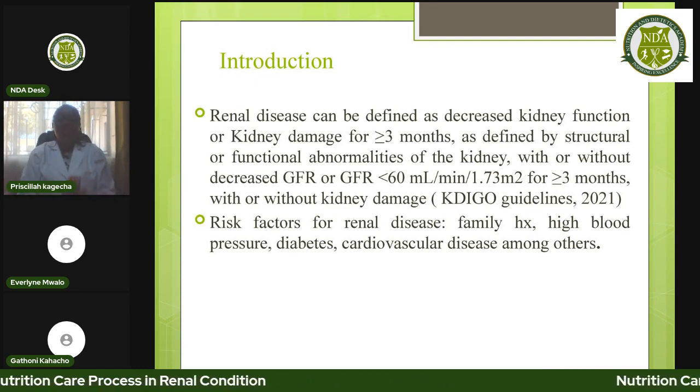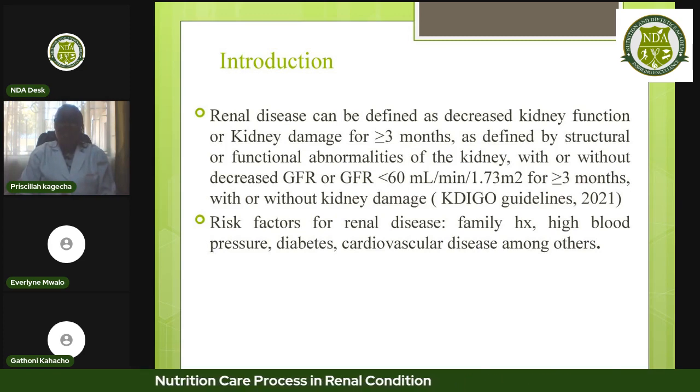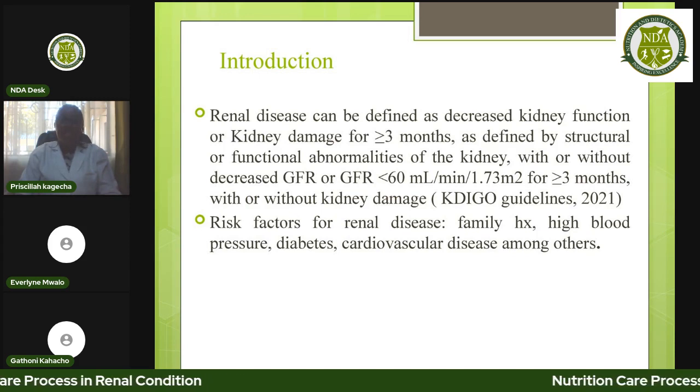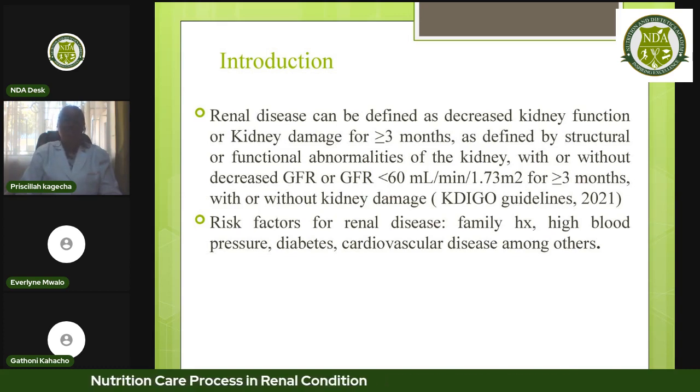For example, when your kidney is normal, then your GFR should be 90 and above. Then when one has kidney disease, the GFR will be between 60 to 15. Then when you have total kidney failure, you're talking of a GFR of 15 and below.